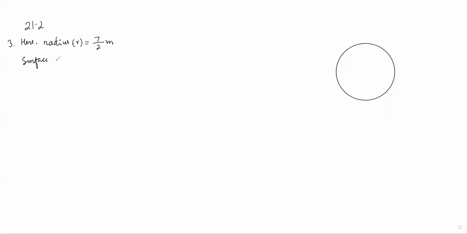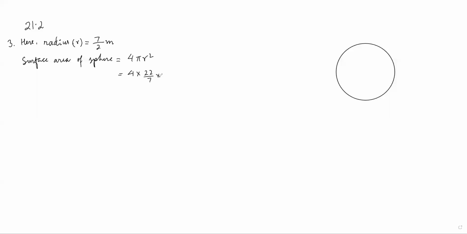Surface area of sphere is equal to four pi r square. So 4 into pi, which is 22 by 7.